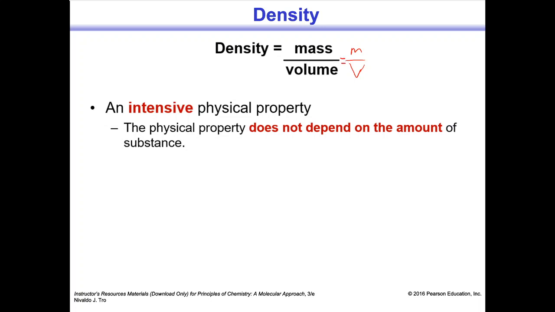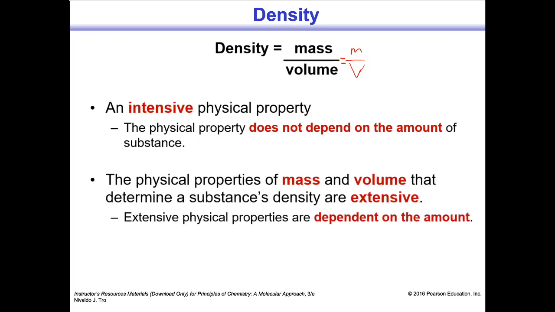It only depends on what you have. So it doesn't matter if I have a big sample, like a whole swimming pool of water, or a few drops of water. The density of that water is not going to change as long as it remains water. Now there are things that will affect it, but in terms of being at the same temperature, all that good stuff, the density will not change.